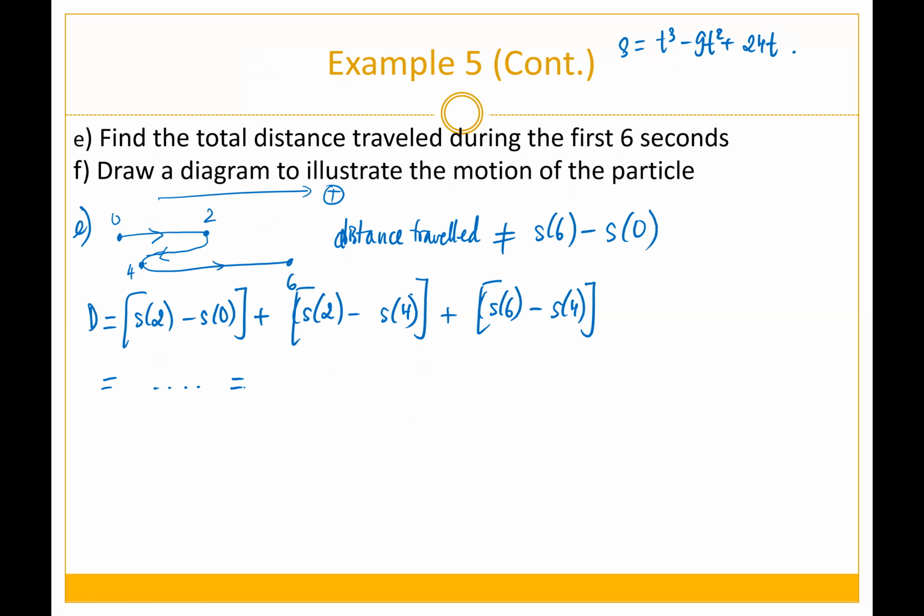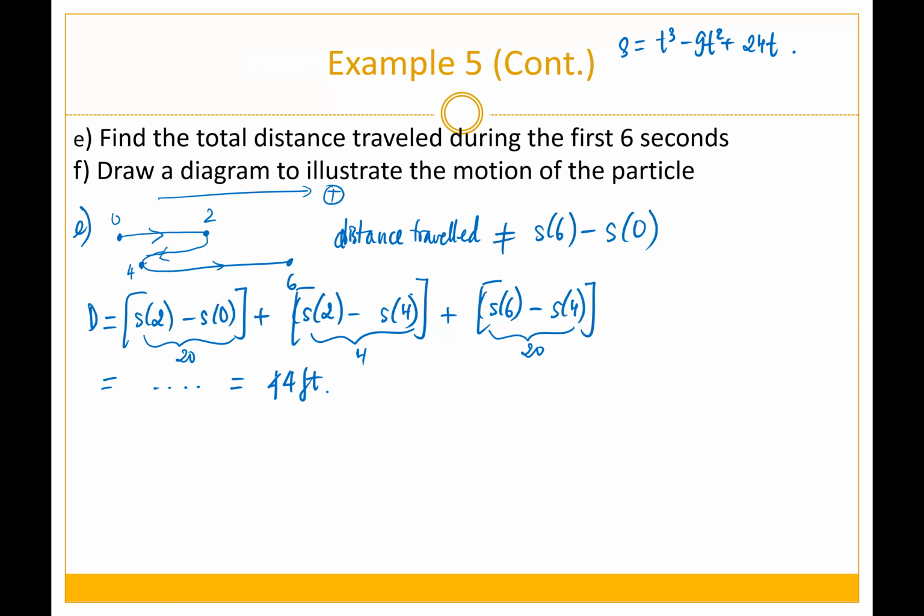I just plugged them all into the calculator, which should not be the case, but I actually did. So this one you should have 20 feet, this one you have 4, this one you have 20, and the total is 44 feet.